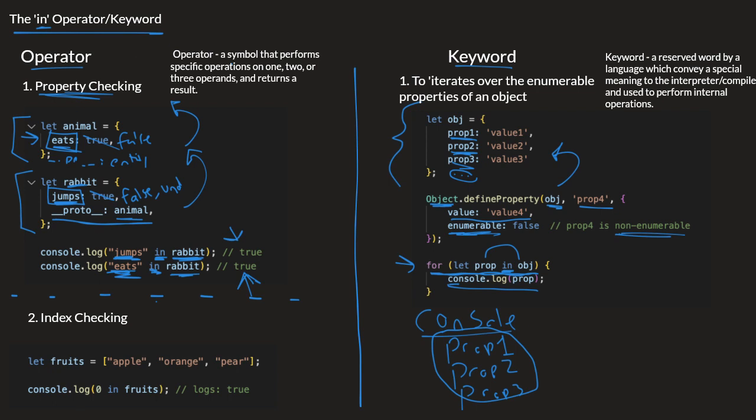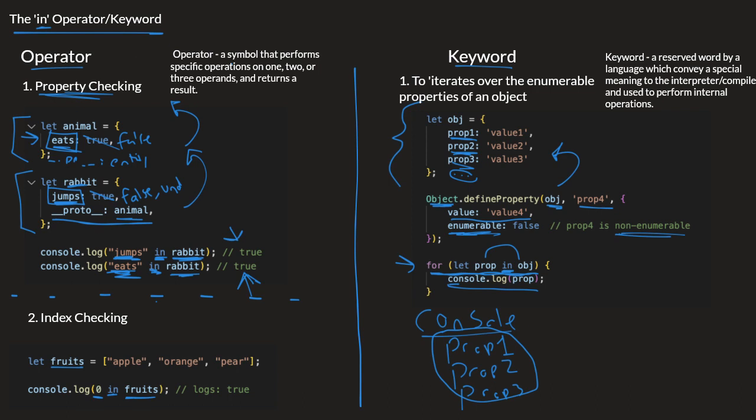Now, the second use case, the second thing that in does, is if the right operand of in, so in is our operator, if the right operand of in is an array, then the left operand is going to be an index. So 0 in fruits. Does 0 in fruits exist?